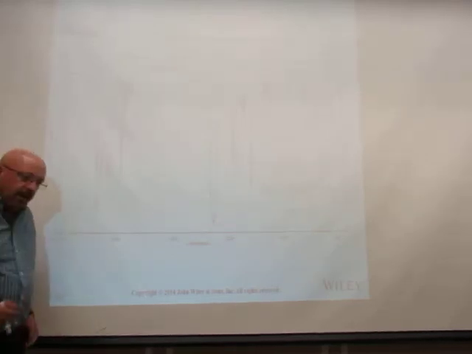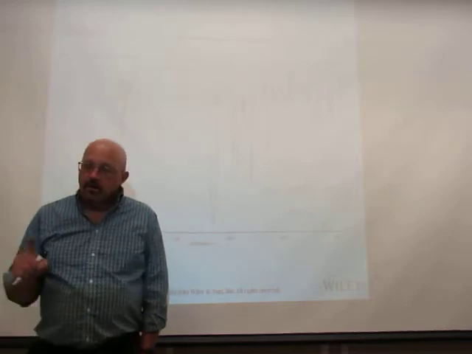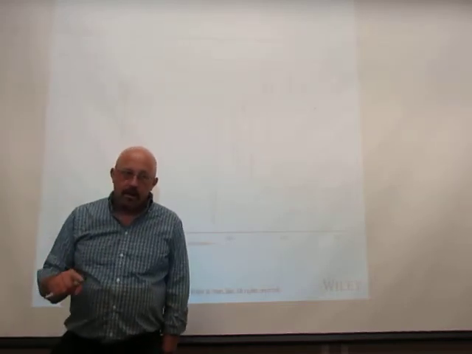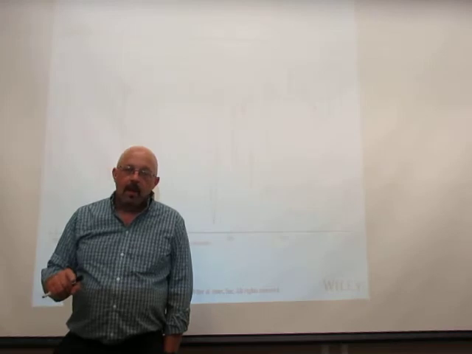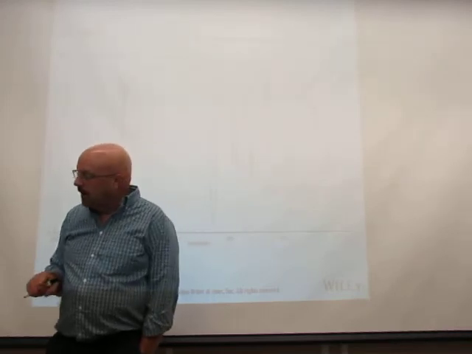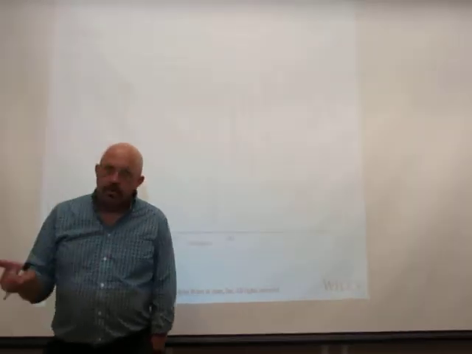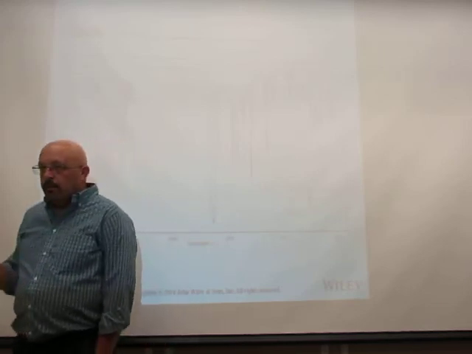The cool thing is I can tell the difference between a primary and a secondary amide. If you have the secondary amide, you only have one hydrogen on the nitrogen, and we get one peak. If you have a primary amide, you have two hydrogens on the nitrogen, and we get to see both of them. We'll see two peaks.